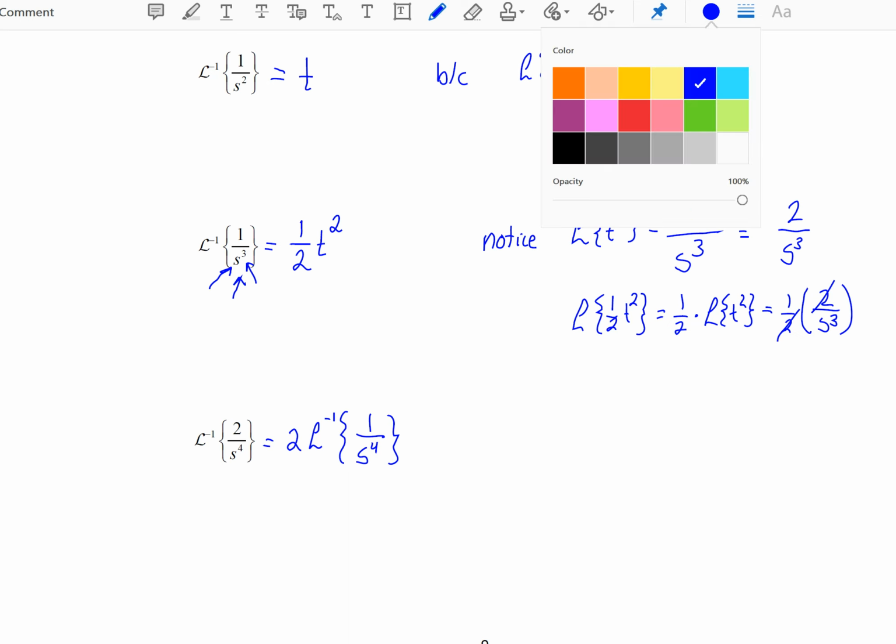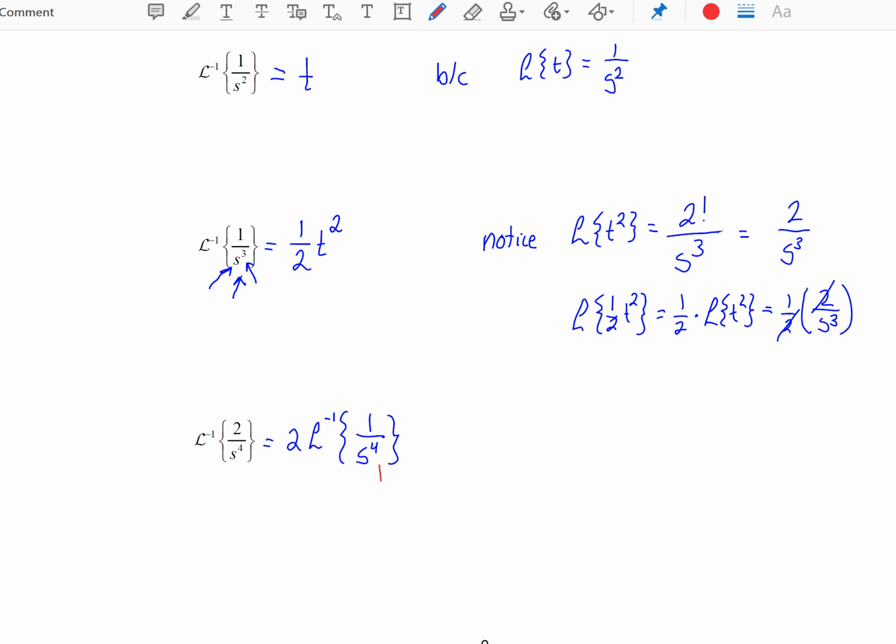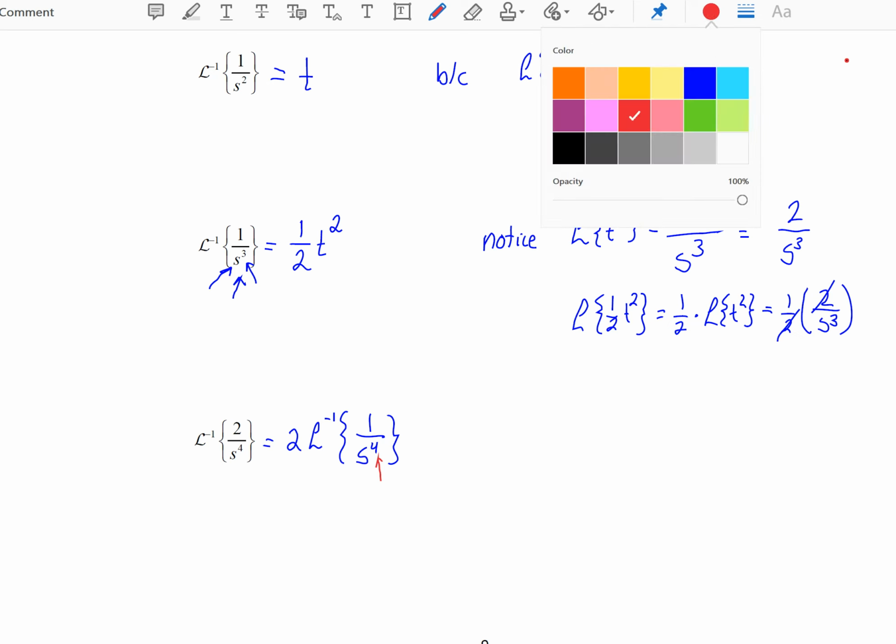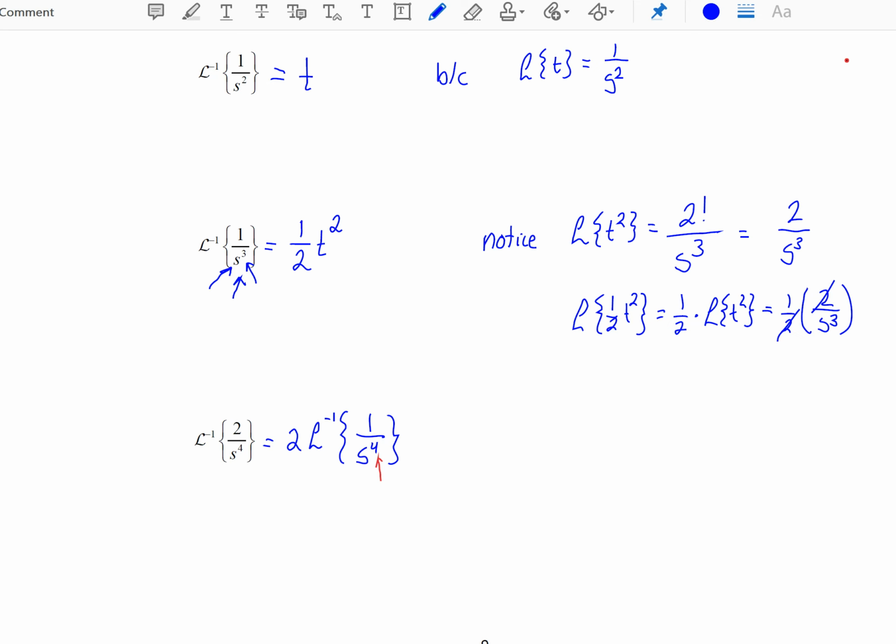Because the exponent is a 4, the original function in your t domain was probably going to be something like t cubed. But this is not right though.